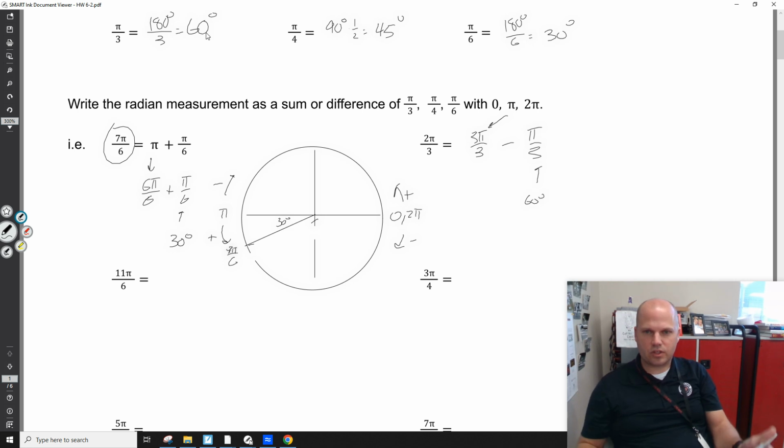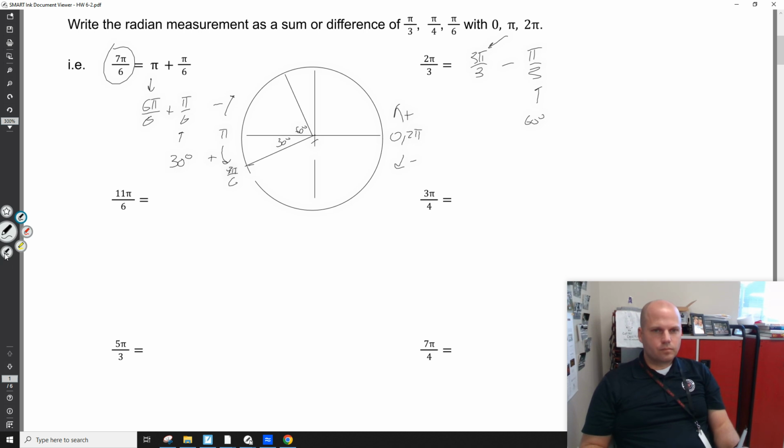To find where 2 pi over 3 is, we will go to pi, 3 pi over 3. We will then subtract a pi over 3. We will subtract 60 degrees, and we will be located in the second quadrant. And the angle that is created with this x-axis is 60 degrees. And this is how we find the location of these radian measurements.